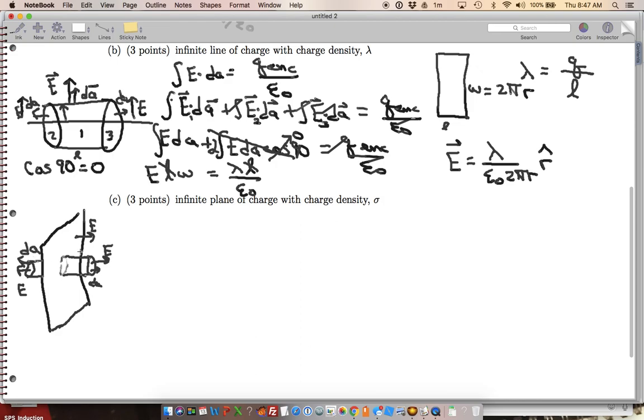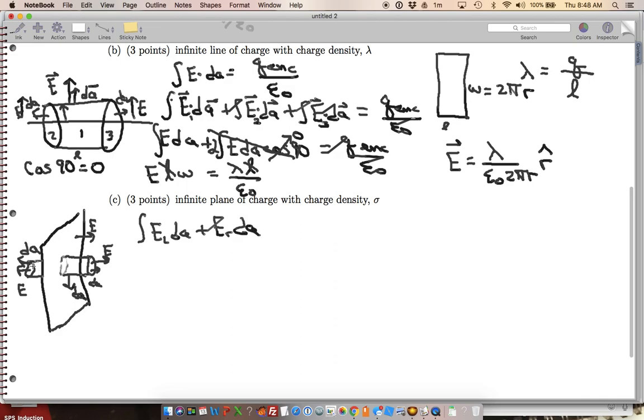What about here? My dA on this round part of my Coke can points this way. So what do you think is going to happen on this part of my Coke can? It's going to go away. So I'm going to have three parts, this side and this side. Let's call it E left dA plus E right dA.